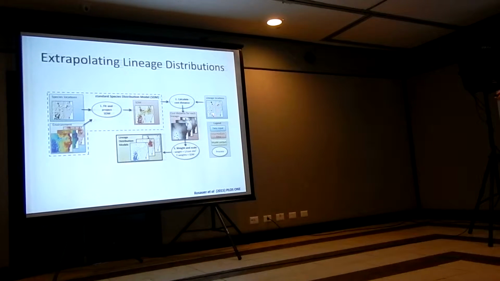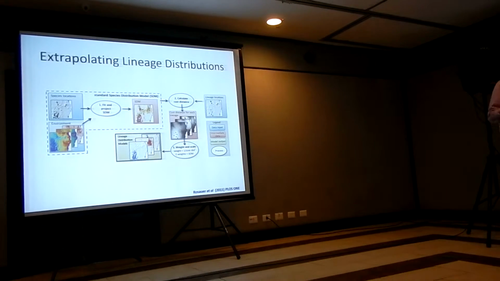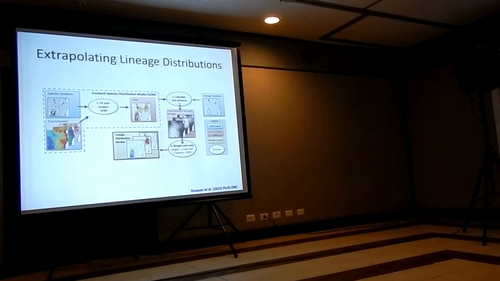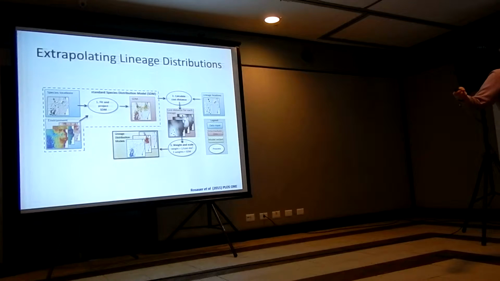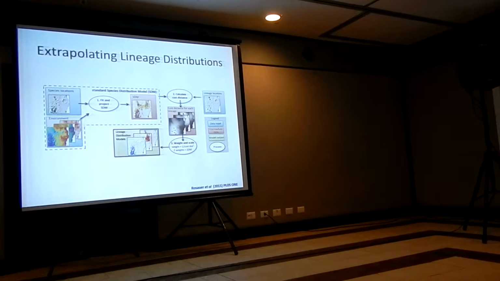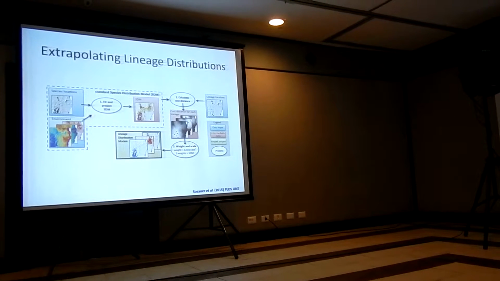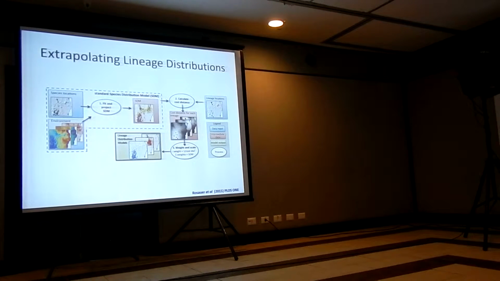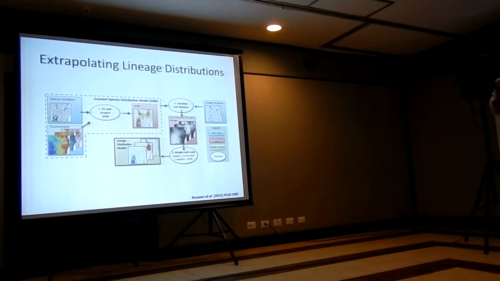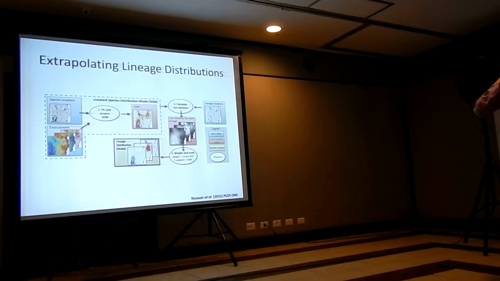of each lineage and apply a very simple principle, which is that if we're looking at a particular spot and we're wondering how likely it is that lineage A, B or C occurs there, it should be inversely proportional to the distances from where we know what lineage occurs. But the distance we're interested in is not the linear distance, but actually the distance experienced by the species.